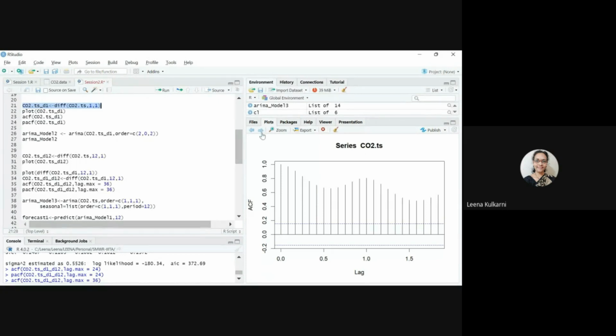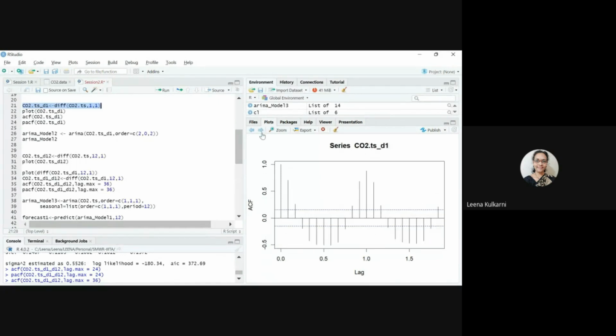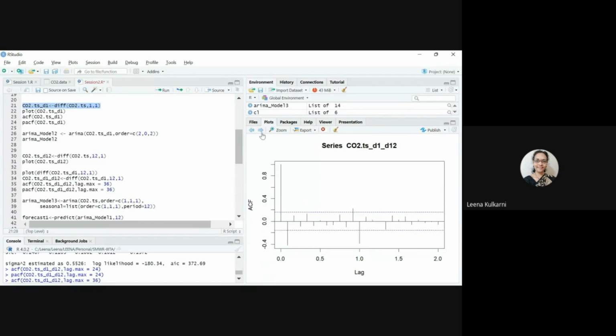Now, when you look at the autocorrelation function of the first order non-seasonal and first order seasonal difference series, you can see that maximum values of autocorrelation are not very significant, but a few values are significant. This is called a spike.